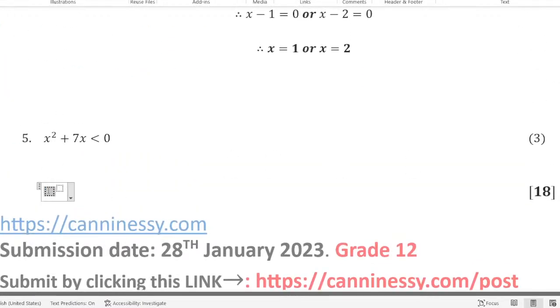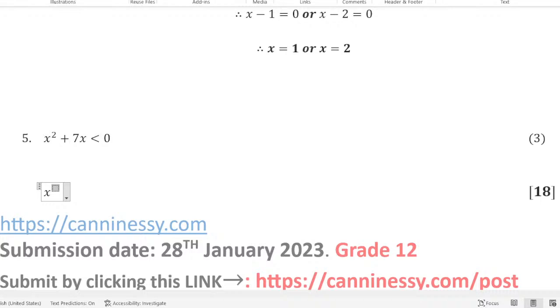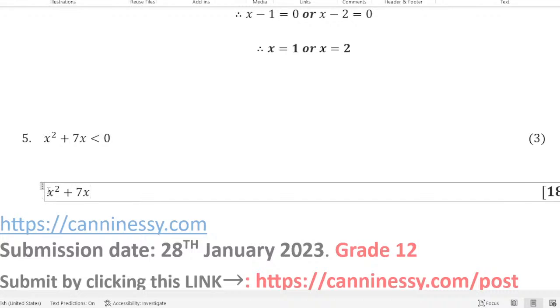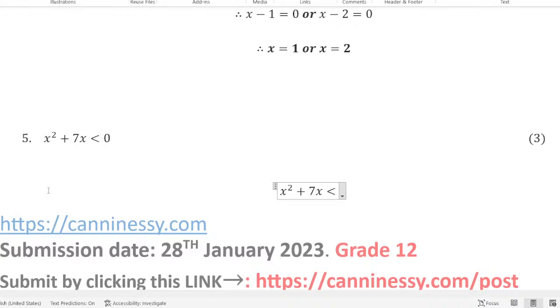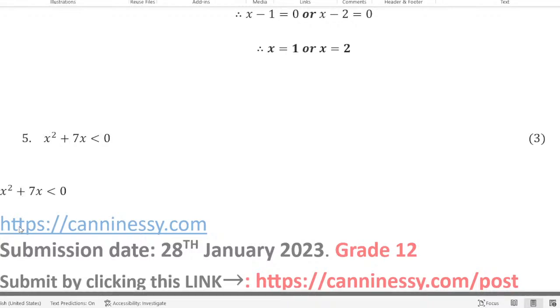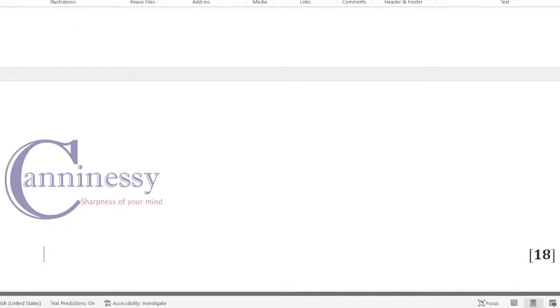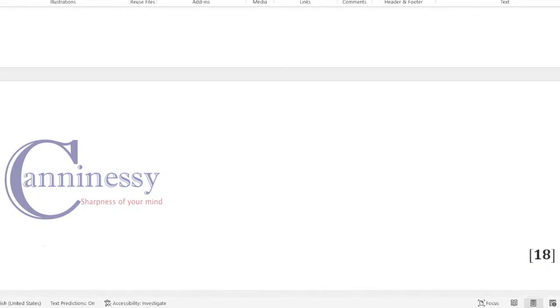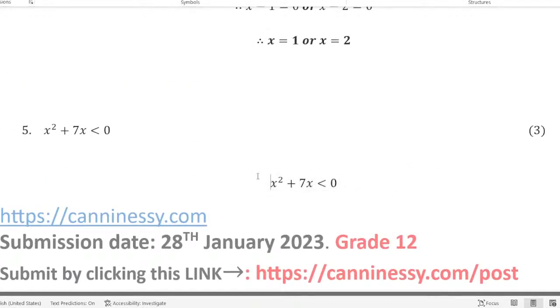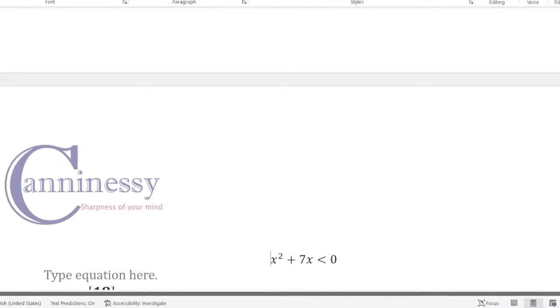All right, so here we have x squared plus 7x is less than 0, perfect. So now let's factorize. Remember, we're factorizing. Okay, let me take this one, so that we can follow.